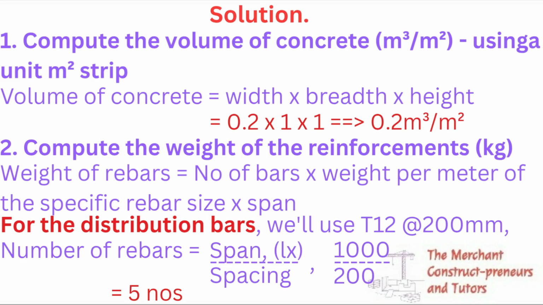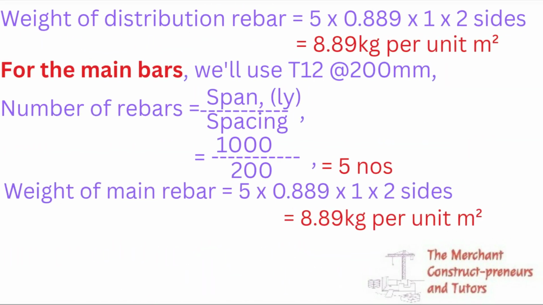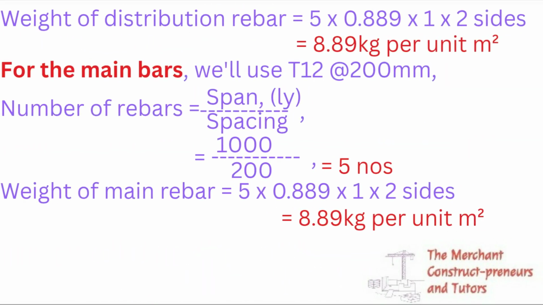The next thing to do is to compute the weight of the reinforcement in kilogram. As usual, it is given as number of bars times weight per meter of specific rebar size. For the distribution rebars, we are using T12 at 200 spacing. So number of rebar will now be span, that is the Lx, divided by spacing, which is still 1 meter. 1 meter divided by 200, we have 5 numbers, right?